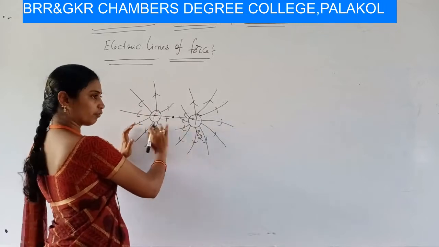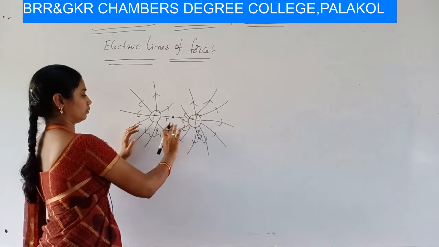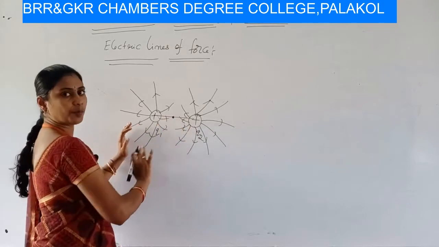The electric lines of force for both like charges are equal and opposite.